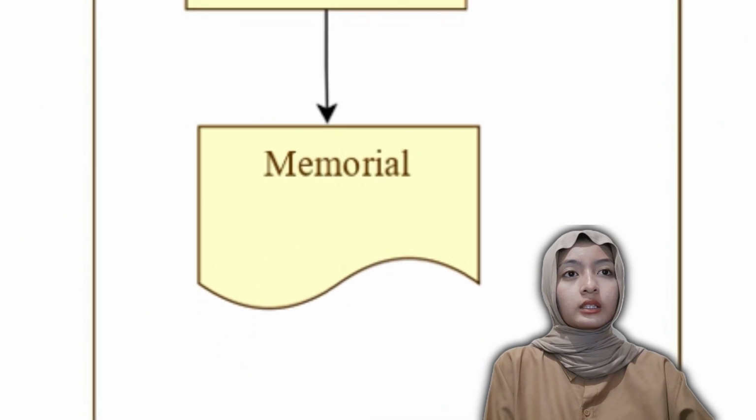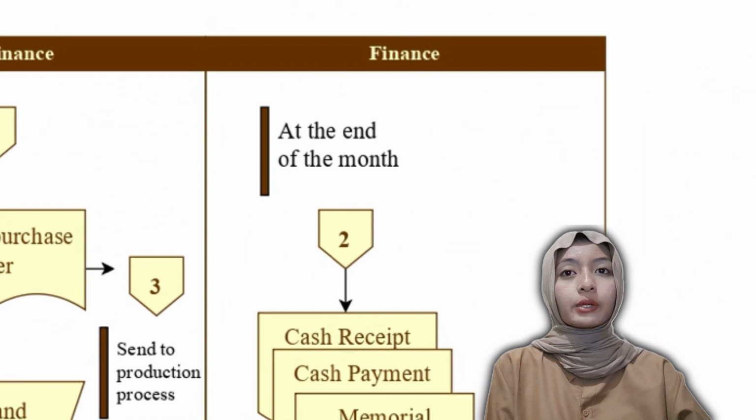And then the notes of purchase order also continue to the sales department, and based on that they can produce notes of finished goods, notes of work in process, proof of cash receipt, and also proof of cash payment. All daily transactions are recorded manually by the sales department in one notebook page per date.